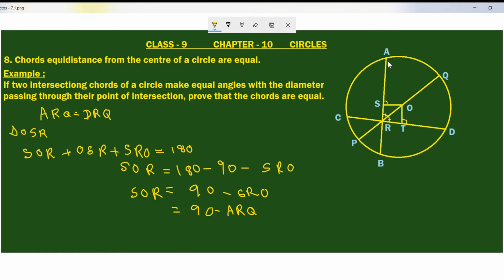Now you can see already in our example they have given ARQ is equivalent to DRQ. So I am going to write 90 minus DRQ. So SOR is equivalent to 90 minus ARQ, that we have written 90 minus DRQ, which is equivalent to TOR. Right.